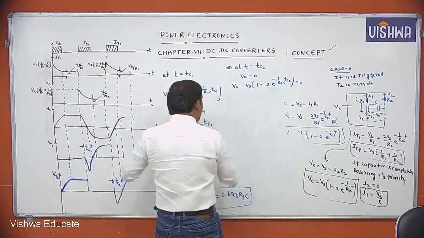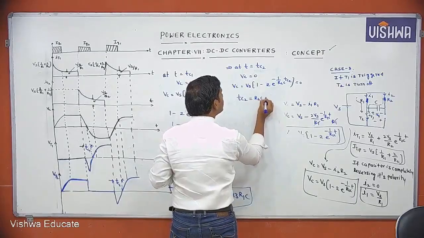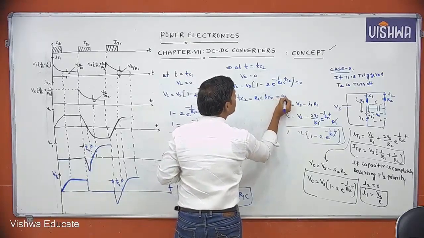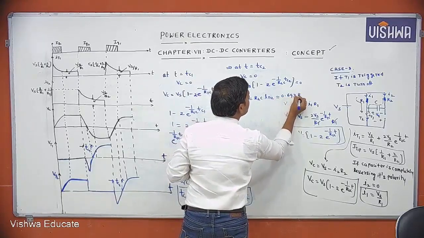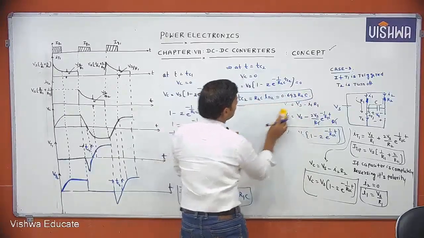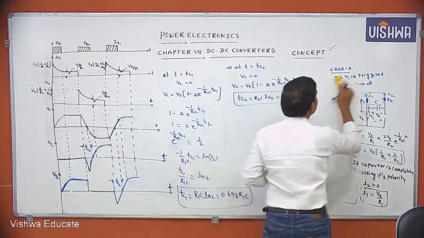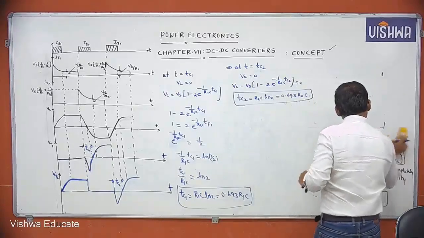Then similarly you can solve. Tc2 equals R2C into ln of 2, that is 0.693 into R2C. This is the circuit turn off time of the T2 thyristor. This is in detail about class C commutation.